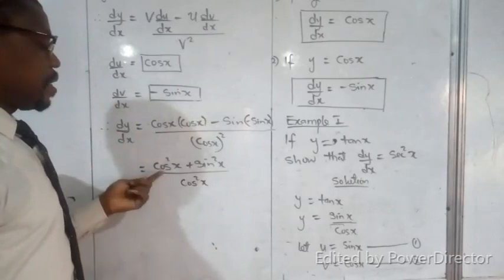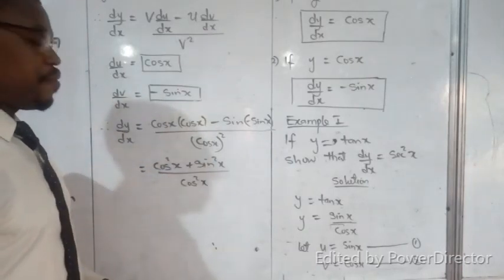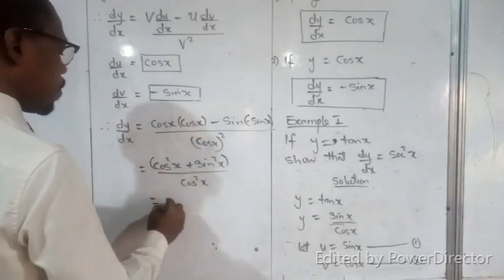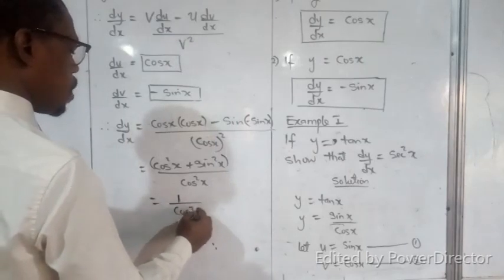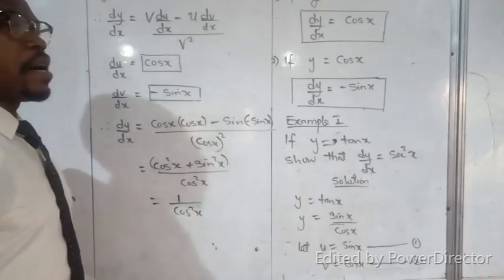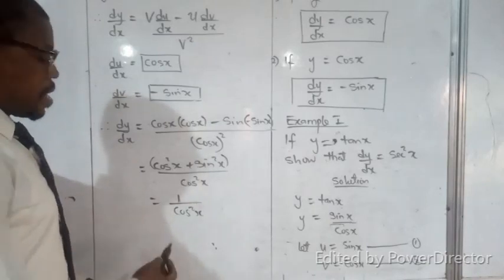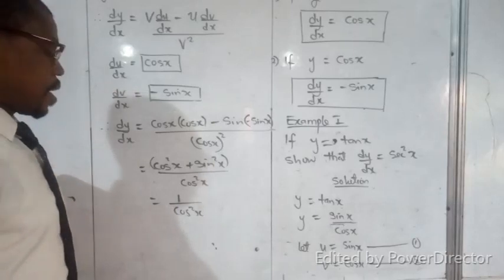Now remember the identity for cos square x plus sine square x. That will give you 1. So the numerator is 1. That will give you 1 over cos square x. Now recall the inverse that I quoted earlier, that 1 over cos is sec.